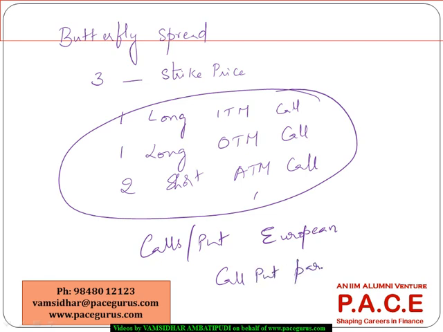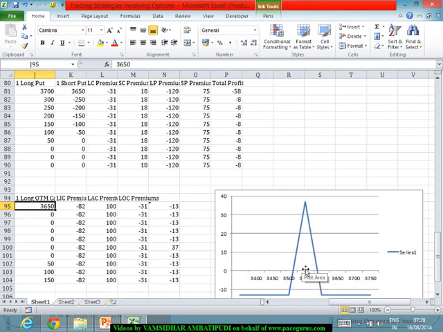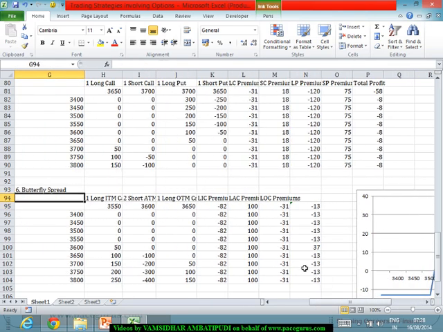To a large extent, the initial outflows should be more or less the same if I am going ahead with either a call or a put strategy. And the exact reversal of this also can be done, which means I could have shorted an ITM call, shorted an OTM call, and gone long on two ATM calls as well. Even those kinds of strategies can very well be worked out.